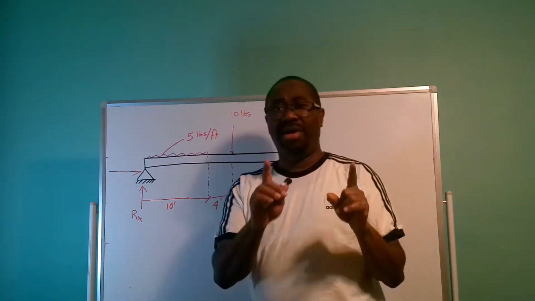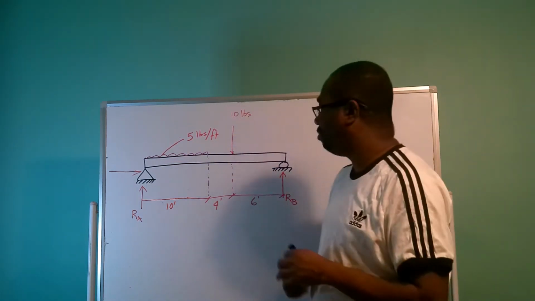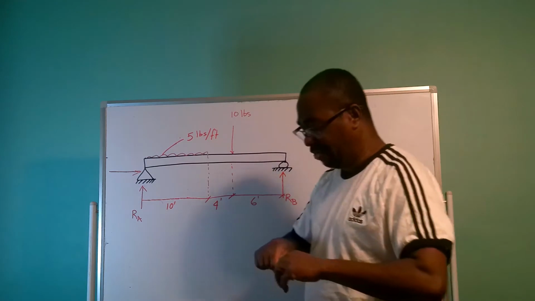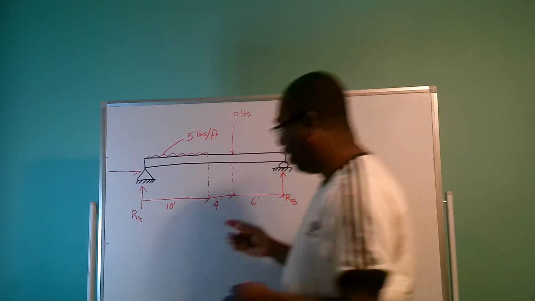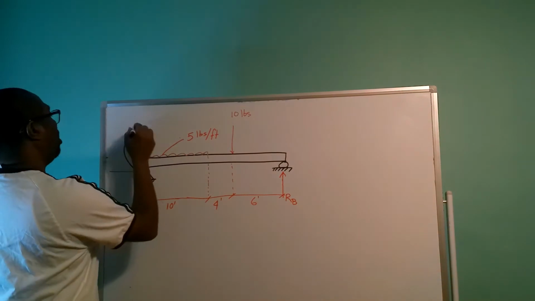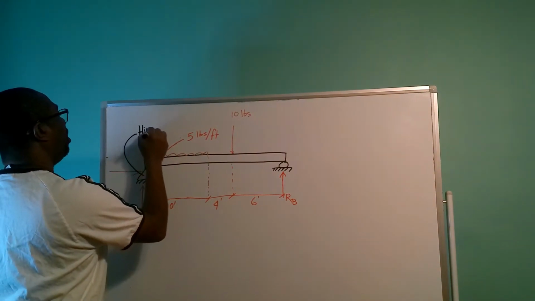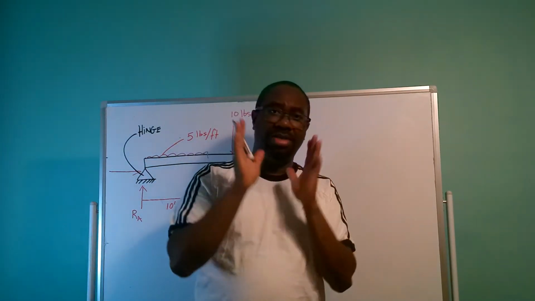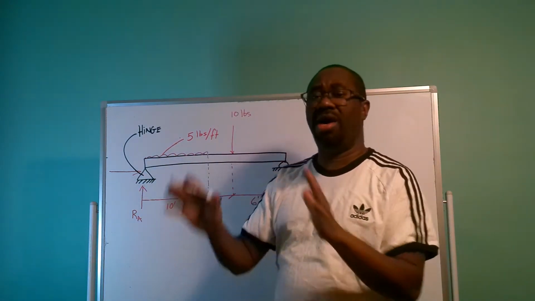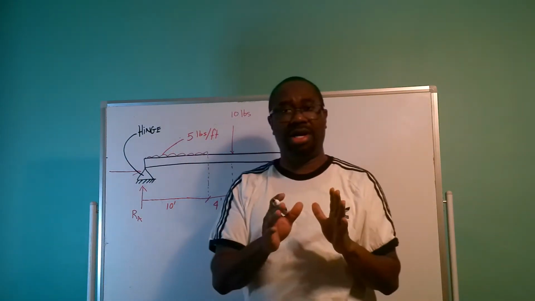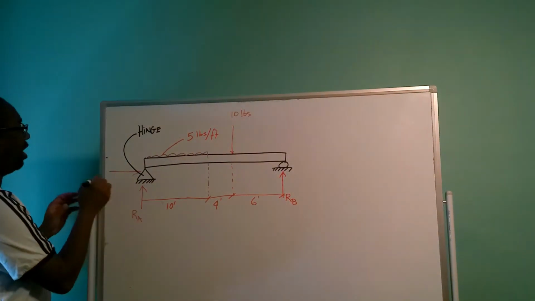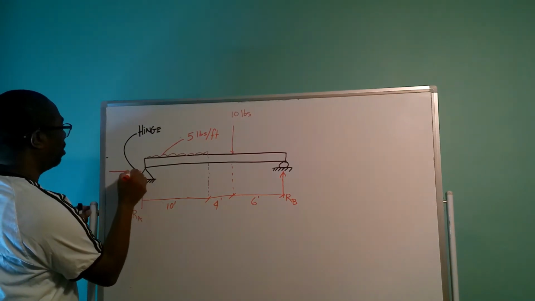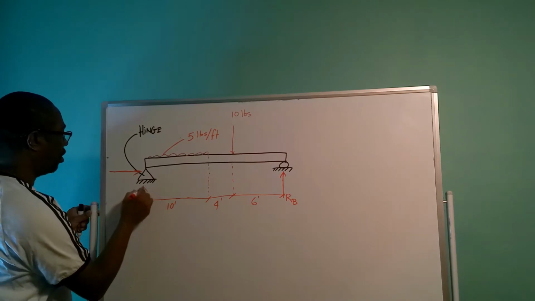So one thing I forgot to point out to you, that whenever you see the beam has this symbol, this means that this end of the beam is hinged. And whenever the beam is hinged, there are two reactions. There is a horizontal and a vertical reaction. So as you can see, the beam has a horizontal reaction and a vertical reaction.